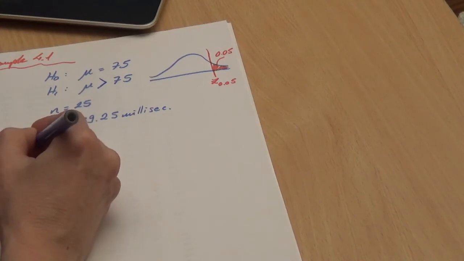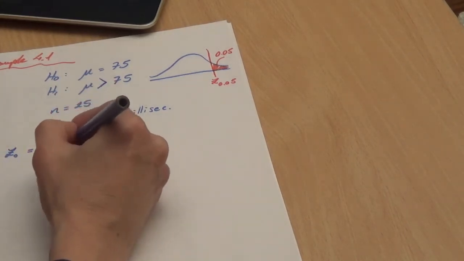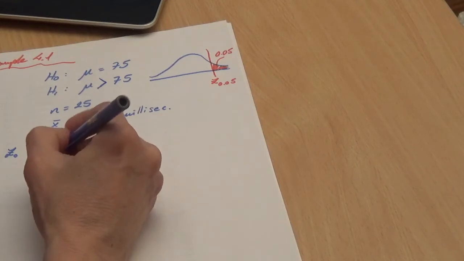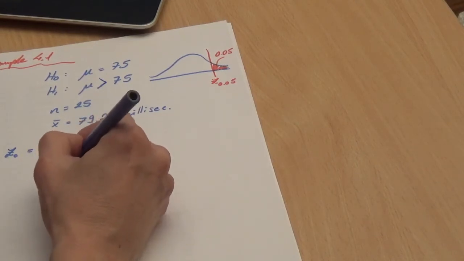Z0 is equal to x bar minus mu 0 all over sigma over square root of n.